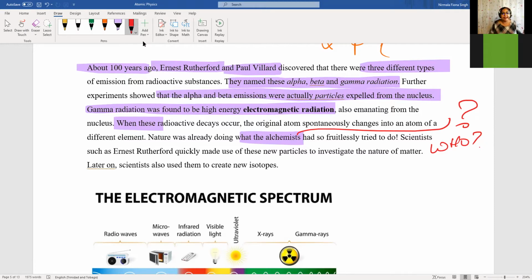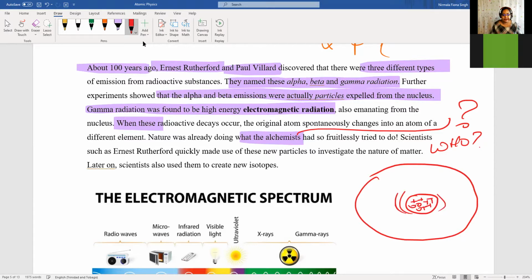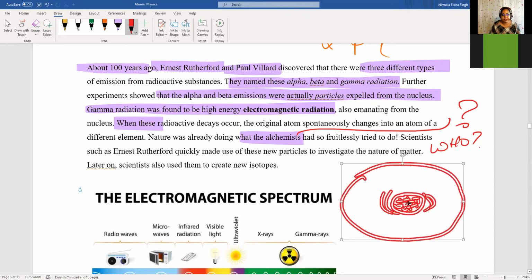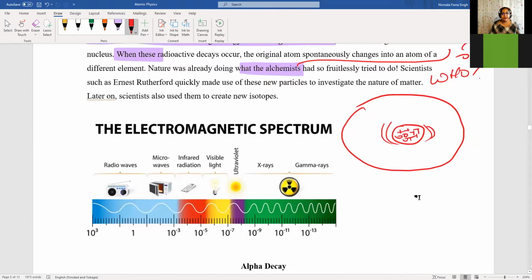The way radioactivity works, it usually works with a bigger atom. Anytime we have a big atom with an unstable nucleus, what it's going to do is try to get rid of that excess energy.